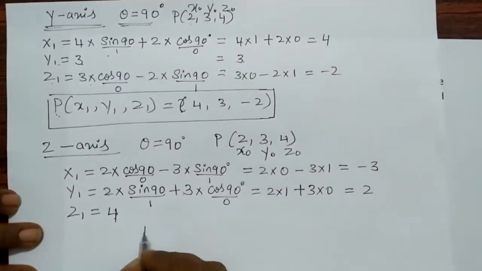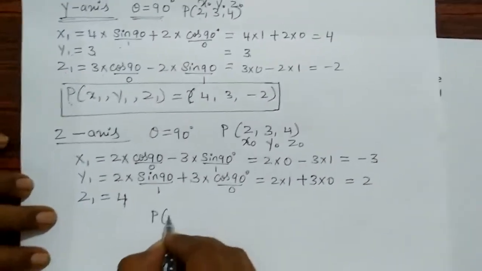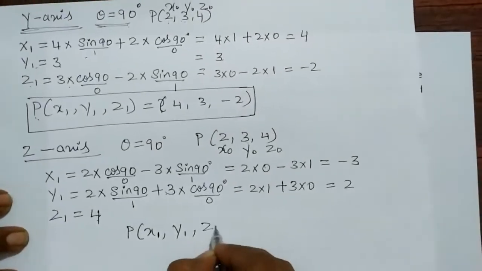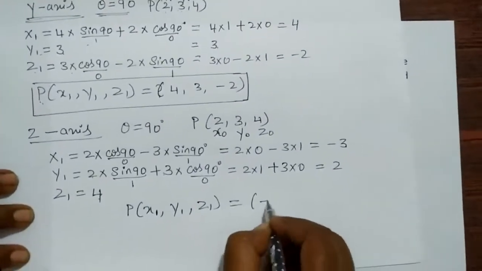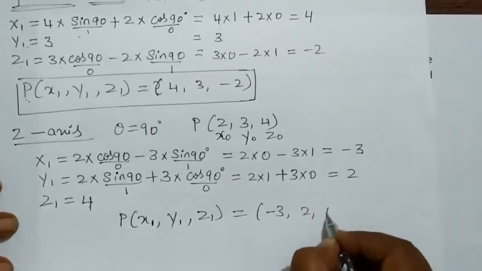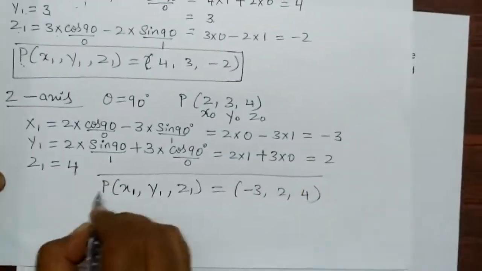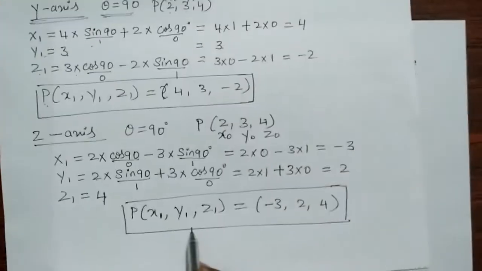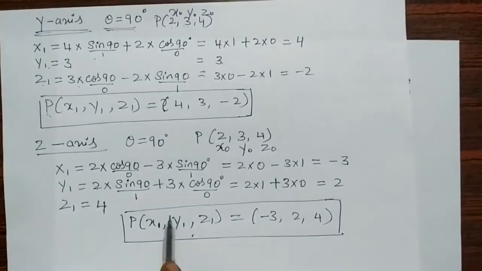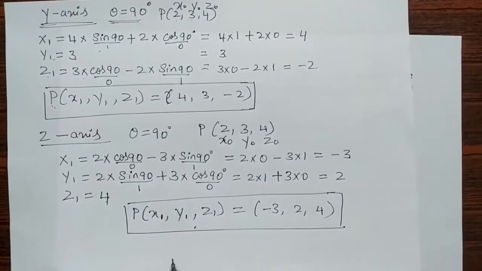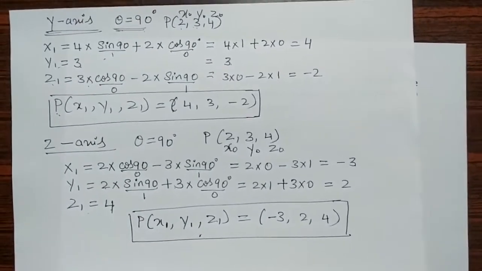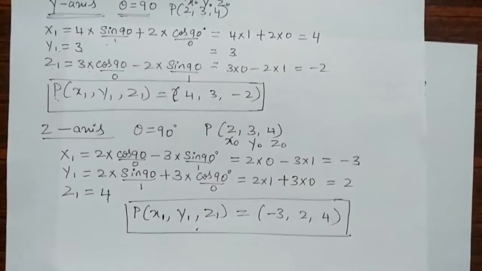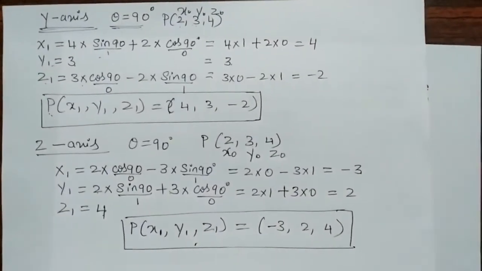So the point P after rotation has new coordinates x1, y1, z1 of minus 3, 2, 4. These are the coordinate values of the object rotated 90 degrees about the z-axis. This is how we can perform the rotation of a 3D object along the x-axis, y-axis and z-axis with a suitable equation or matrix form. Thank you.